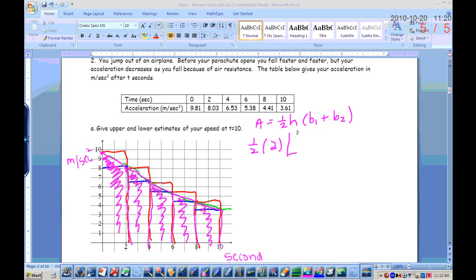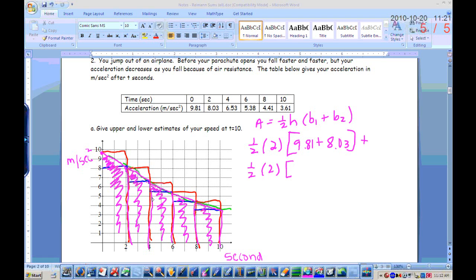Now, the sum of the bases: the first base is going to be the height on the left side, and the second base is going to be the height on the right side. So for that first trapezoid, the first base is 9.81, and the second base is what? 8.03. Okay. And then I have 1/2 times the height, which again is 2.